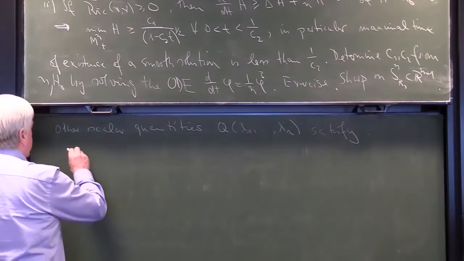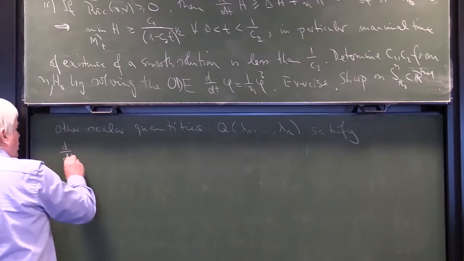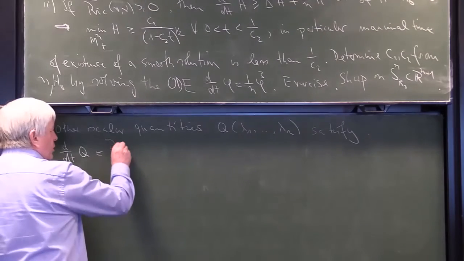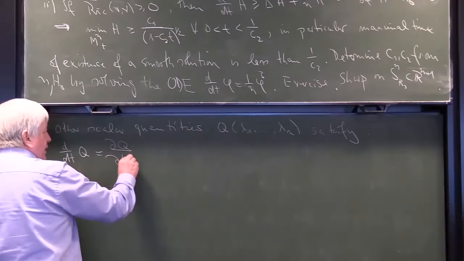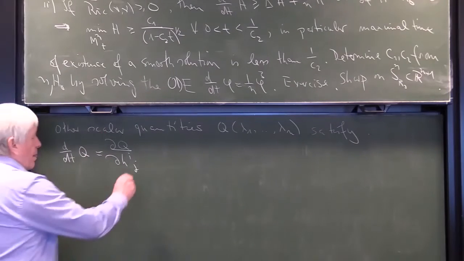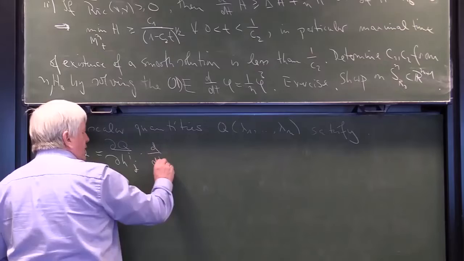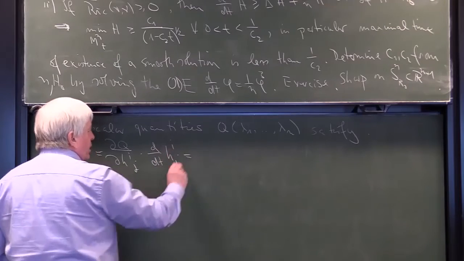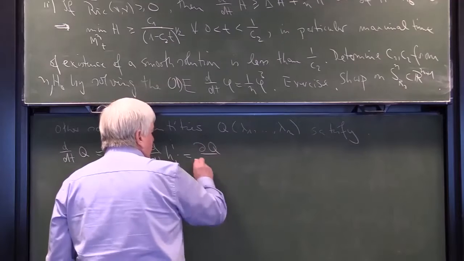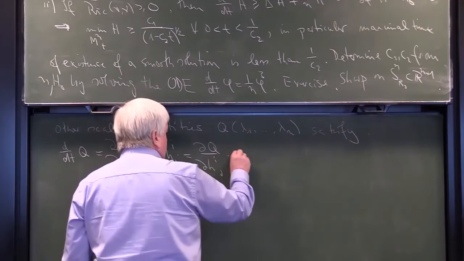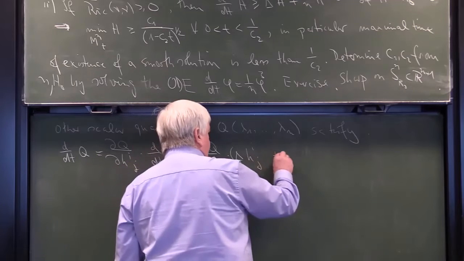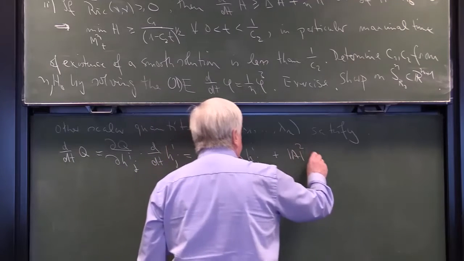Namely, you can write d/dt of Q is equal to dQ with respect to the second fundamental form, right? You use the chain rule, and then you get d/dt of Hij, and you insert this, so you get dQ/dHij times the Laplacian of Hij, and let's do this again in Euclidean space.